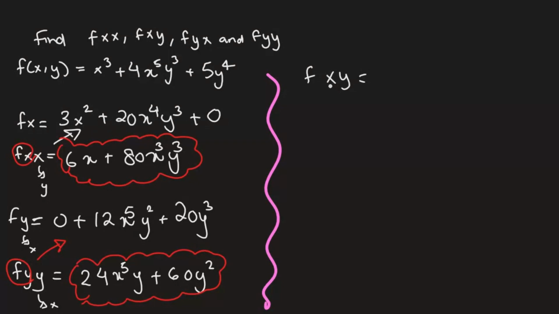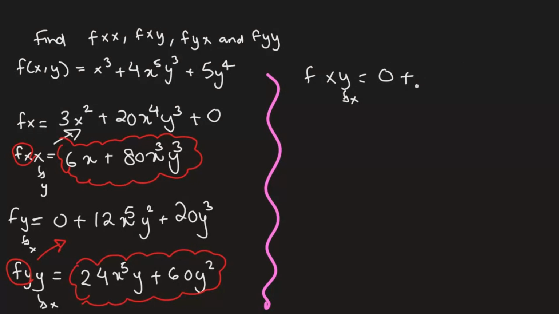So you are just going to differentiate the f_x function with respect to y, which means x is a constant, right? So with respect to y, x is a constant, so the first one goes to 0, and then differentiating y, bringing the 3 down, 20 times 3, that's going to be 60.